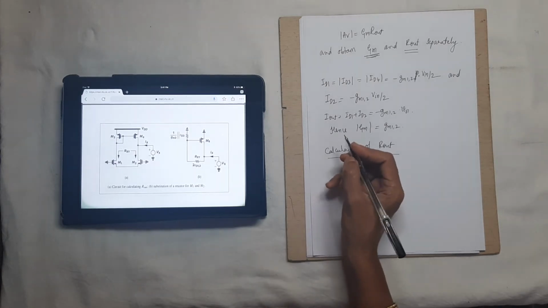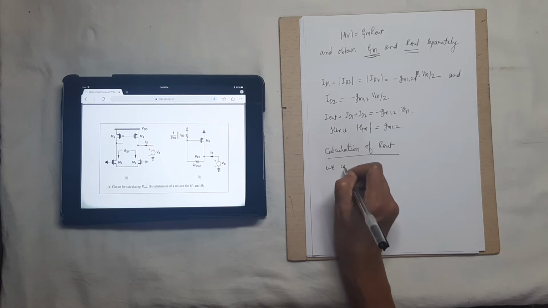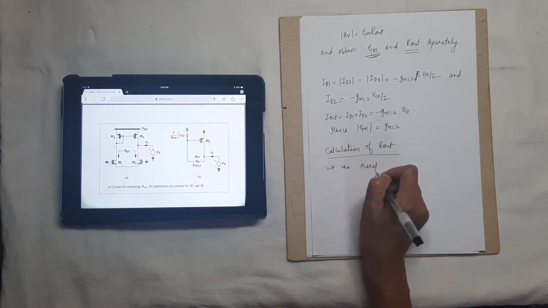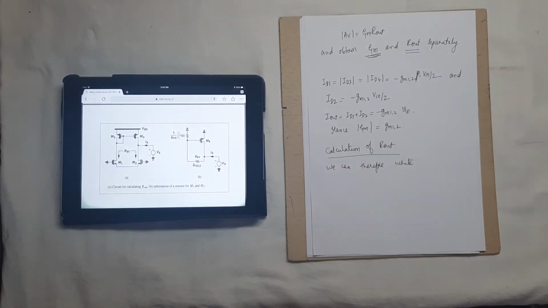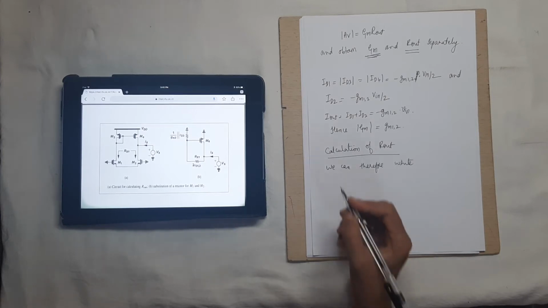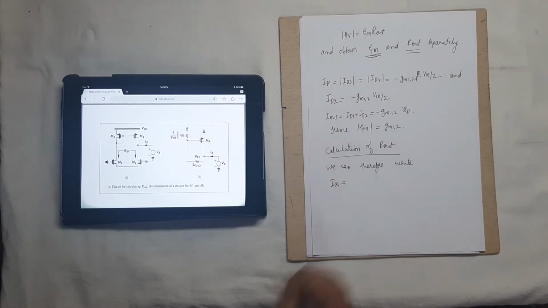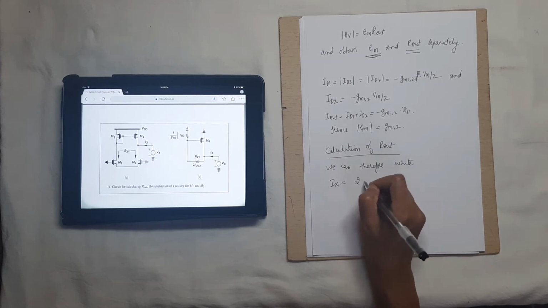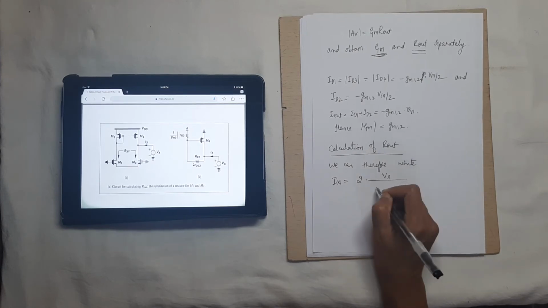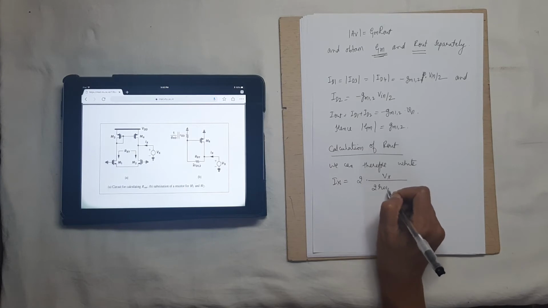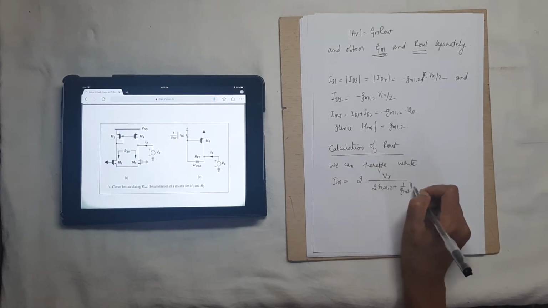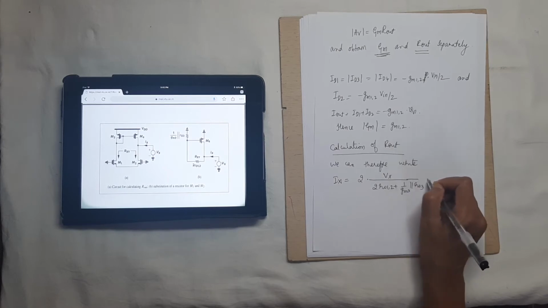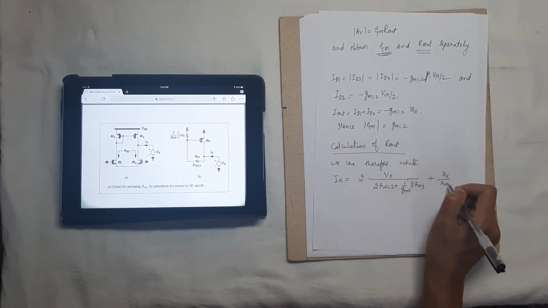Now we can therefore write Ix is equal to 2 times Vx divided by (2RO12 plus 1/Gm3 parallel RO3) plus Vx divided by RO4.